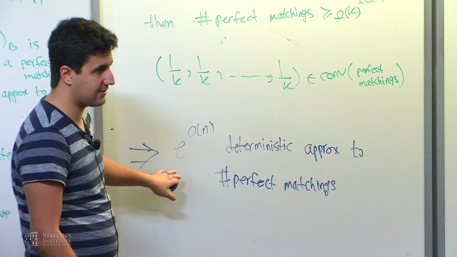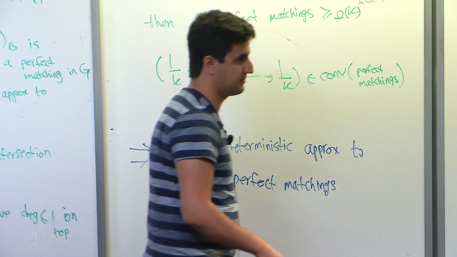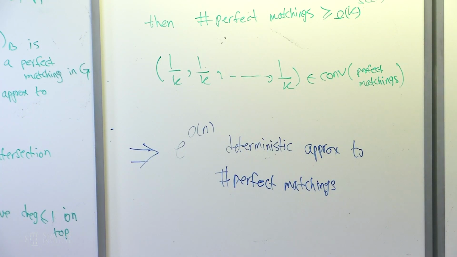There are randomized algorithms which achieve this factor, but we don't know how to do it deterministically. Are there randomized algorithms for general graphs? Yes, I think Barvinok has a few results on it, 20 years ago.